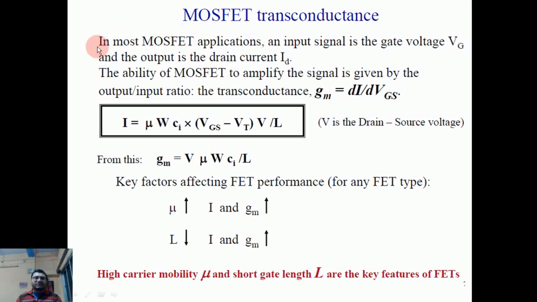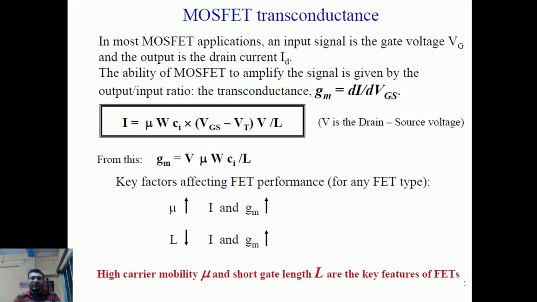Transconductance, in the MOSFET application: the input signal is the gate voltage Vg, and the output is the drain current Id. The ability of the MOSFET to amplify the signal is given by the output by input ratio, called the transconductance Gm, denoted by delta Id by delta Vgs.